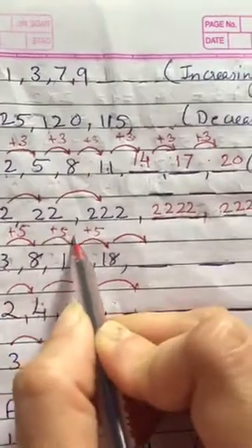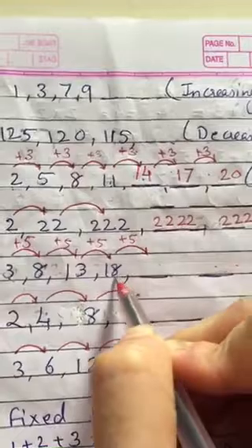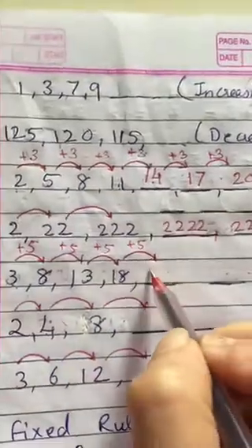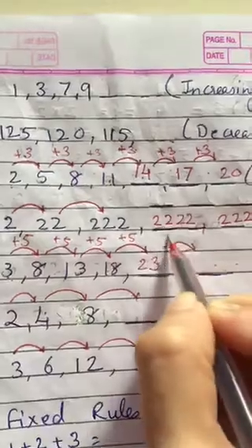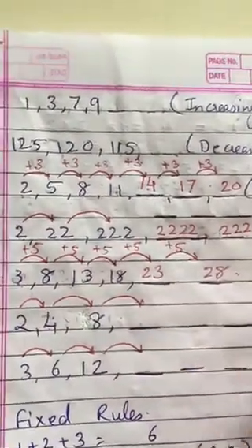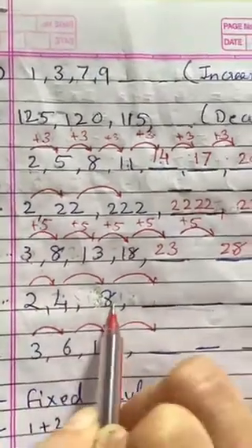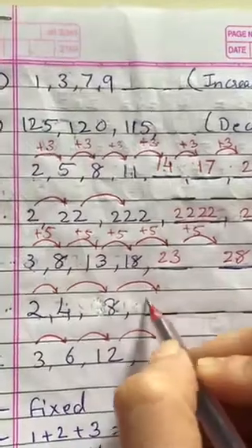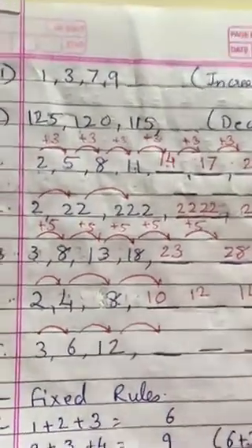So this pattern you have to continue. Adding 5 to 18, this is 23. Again I have to add 5, that is 28, and so on. Now here 2 4 8, then it will be 10, 12 and 14. This I have already discussed.